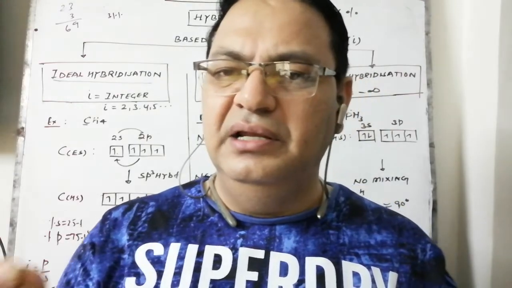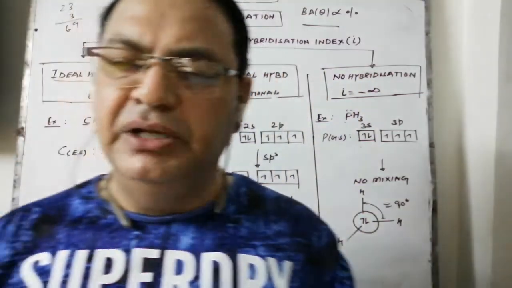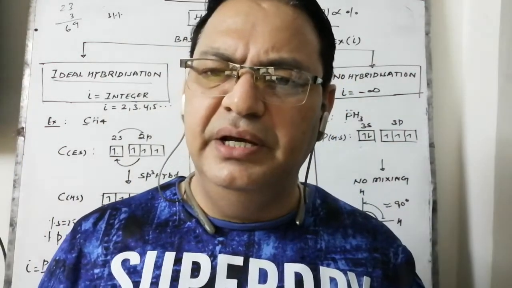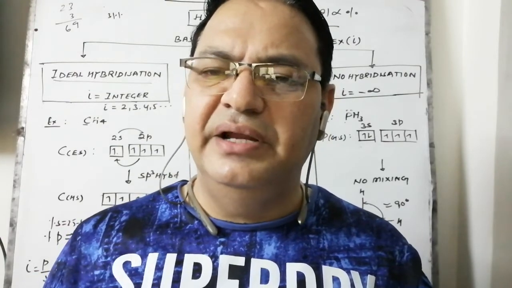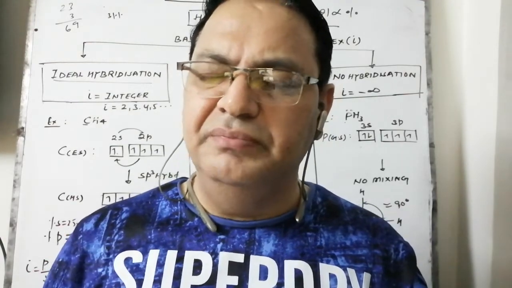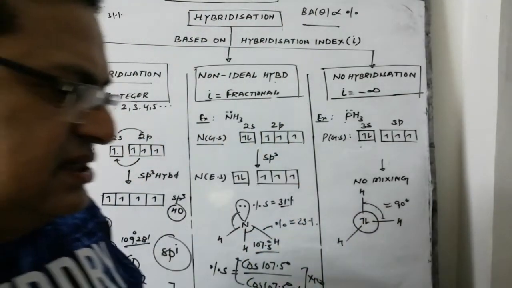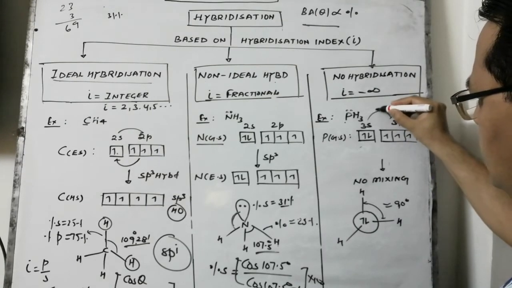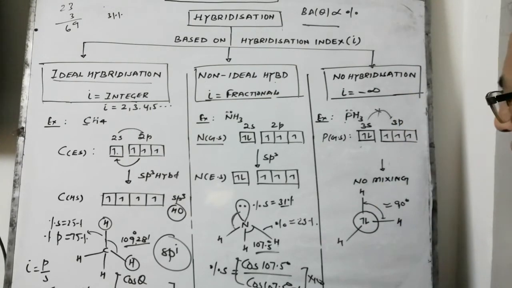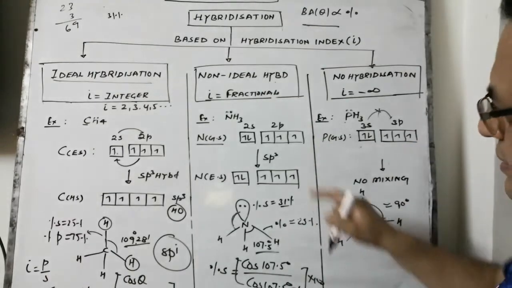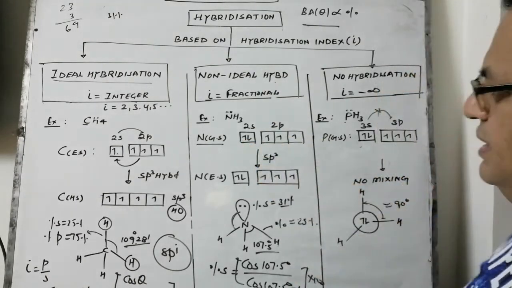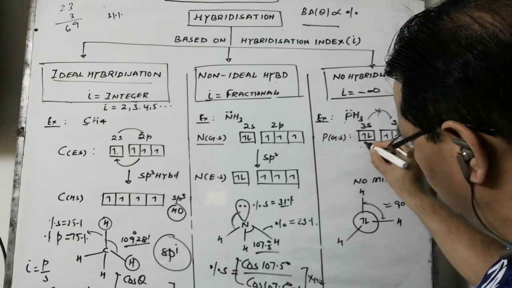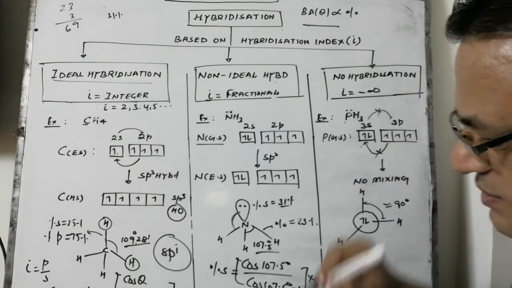The s orbital is already filled, already having 2 electrons. It is not interested in bonding. Just as in the case of ammonia, it was not interested, but due to steric reasons it participated in the process of hybridization. In the case of phosphine, s is not at all interested in mixing with the p orbitals. In ammonia, p was interested in getting mixed with s. But in this case, the p orbital is also not interested in mixing with the s orbital.